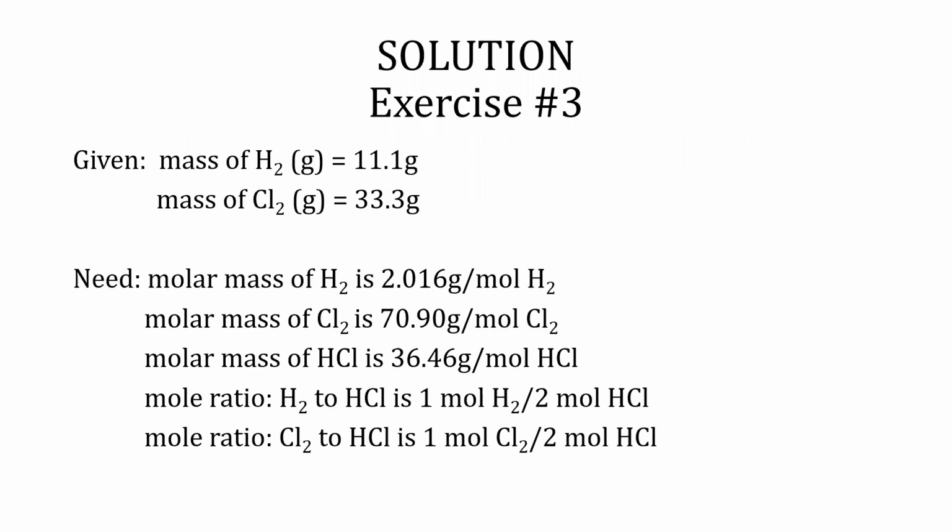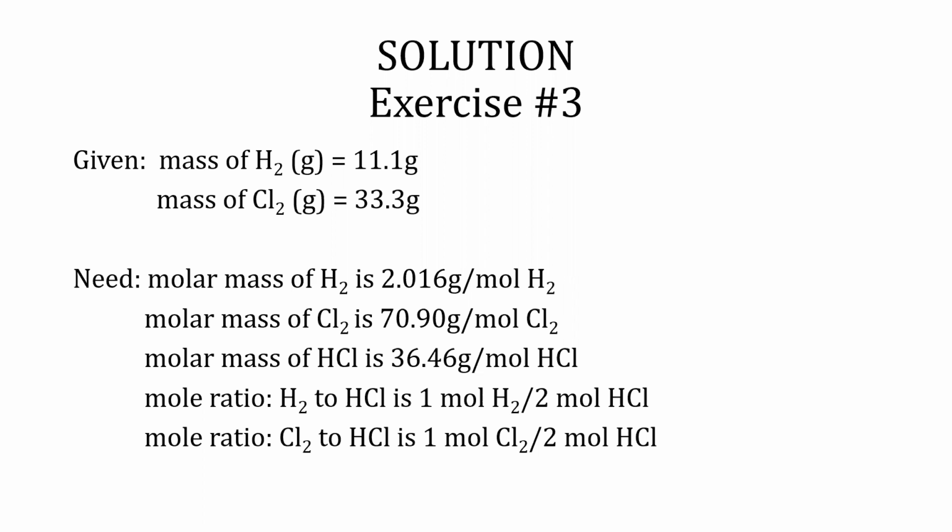The problem provides the masses of H2 and Cl2, which are 11.1 g and 33.3 g respectively. The items needed are the following. The molar masses of H2, Cl2, and HCl, which are 2.016 g per mole H2, 70.90 g per mole of Cl2, and 36.46 g per mole of HCl.